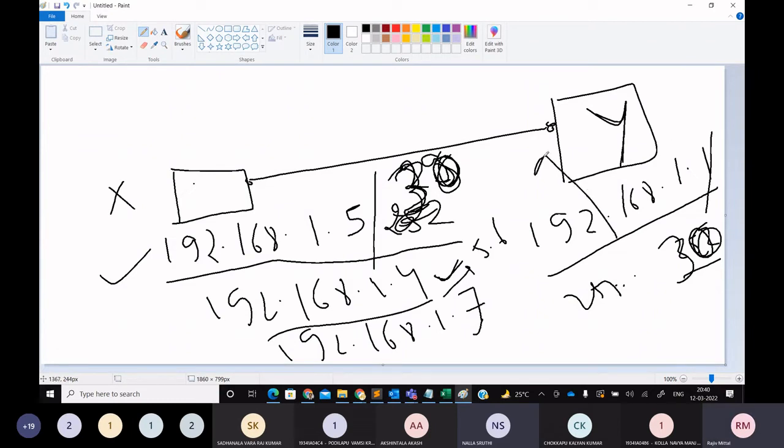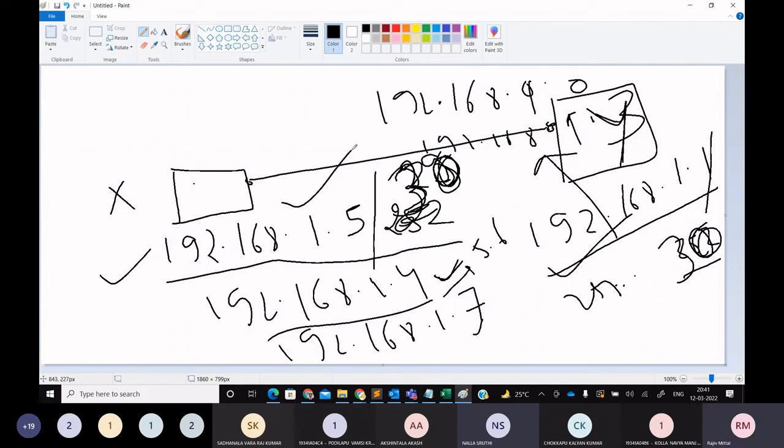For this other IP, the network ID will be 192.168.1.0, and the broadcast IP will be 192.168.1.3, right? So that means this IP is in a different network. They will not communicate, right?